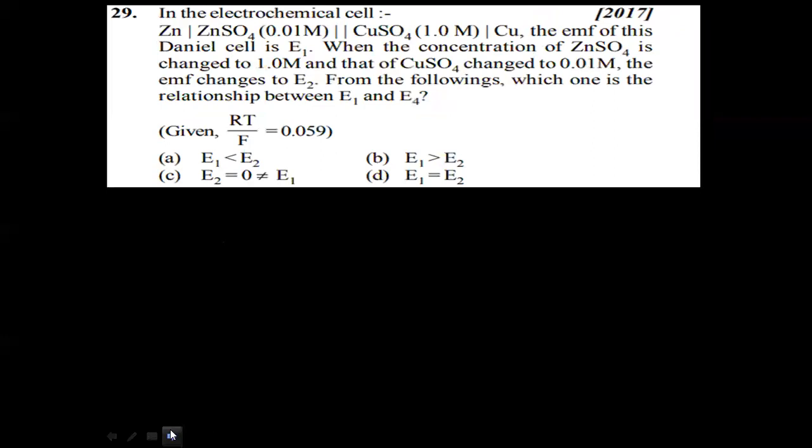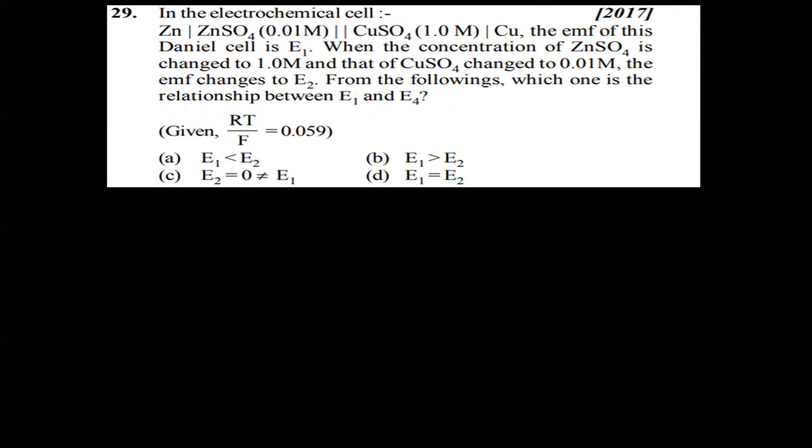In the electrochemical cell, Zn bar ZnSO4, bar CuSO4 bar Cu, the EMF of this Daniell cell is E1. When the concentration of ZnSO4 is changed to 1 molar and that of CuSO4 is changed to 0.01 molar, the EMF changes to E2.